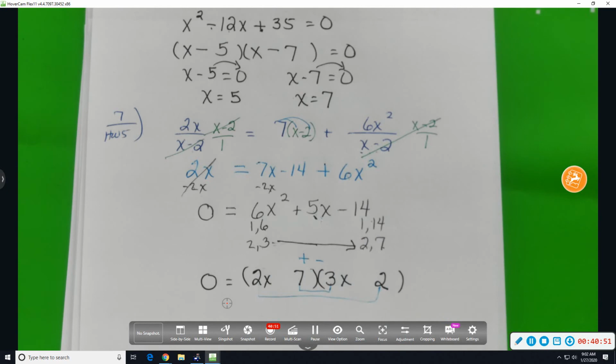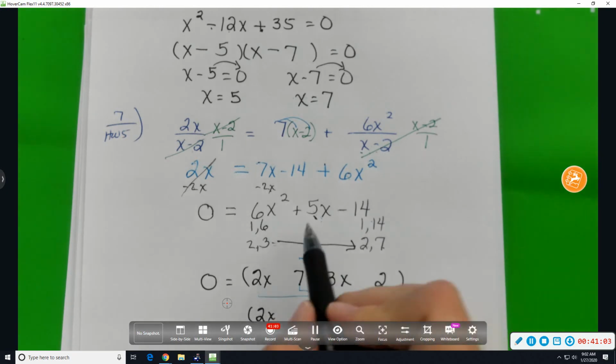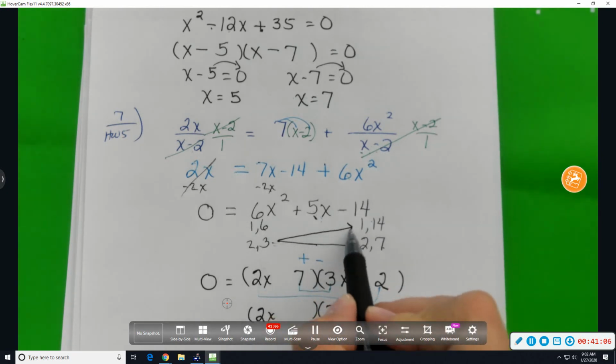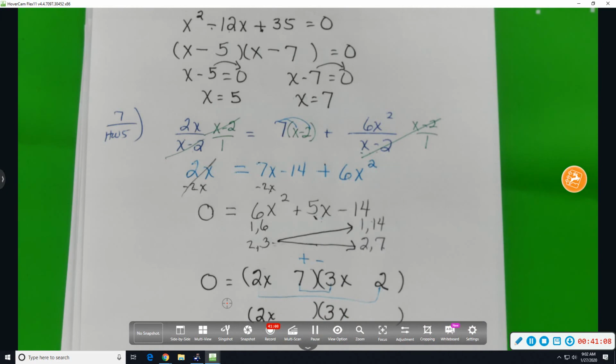It's just a matter of which one you try first and get it to work. I'll try the 2, 3 paired with the 1 and 14. If that's going to work, I'd have to put the 14 there. Oh no, the 1 there and the 14 here. Why am I saying that?